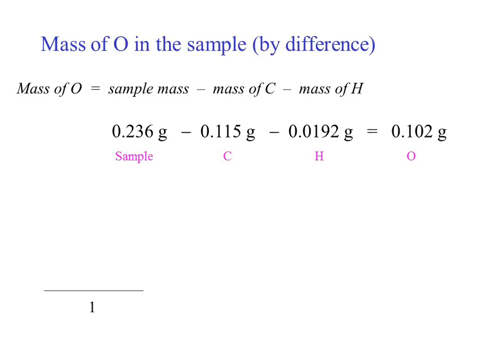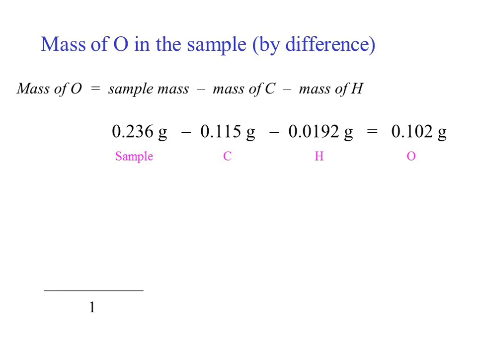And then we came up with the mass of carbon, 0.115, and the mass of hydrogen, 0.0192. We don't do a lot of subtraction in chemistry, but we are here, so we round according to decimals, not significant figures.